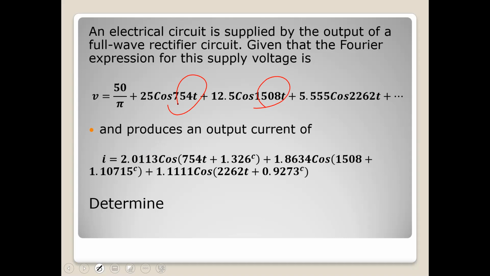It is? So this is 754. Yeah, it's 2. So you're saying that this is the fundamental? Yes, sir. Are you saying this is the second harmonic? Yes, sir. Are you saying this is the third harmonic? I can work with that. Even though that is not totally true, I can work with that. Oh, what is the truth, sir?